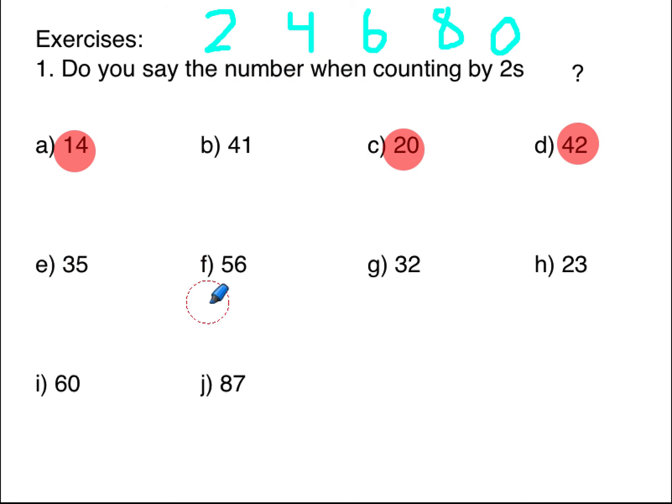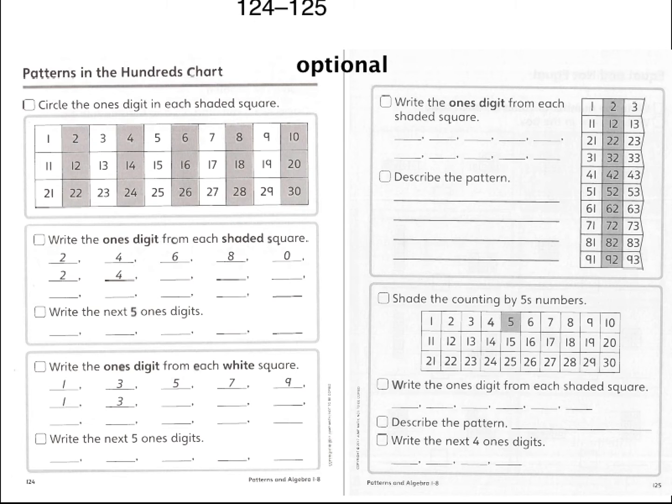No, 5s. 56, yep. 32, yep. 23 ends with a 3, no. 60 ends with a 0. 87. So we're looking for the pattern. When we're counting by 2s, the last digit, the ones digit, has to be a 2, a 4, a 6, an 8, or a 0.